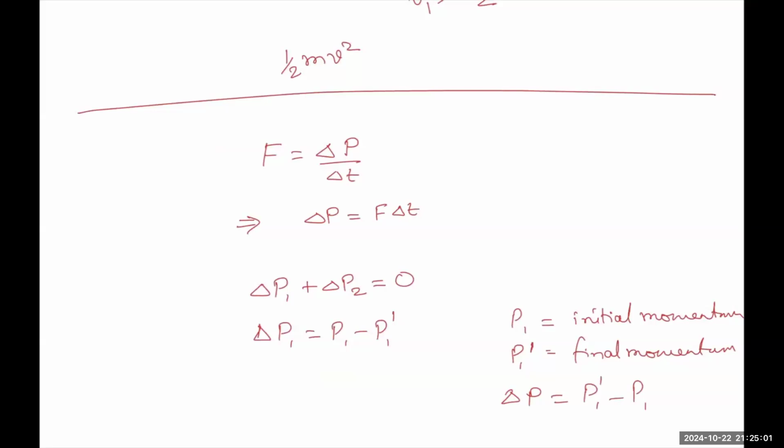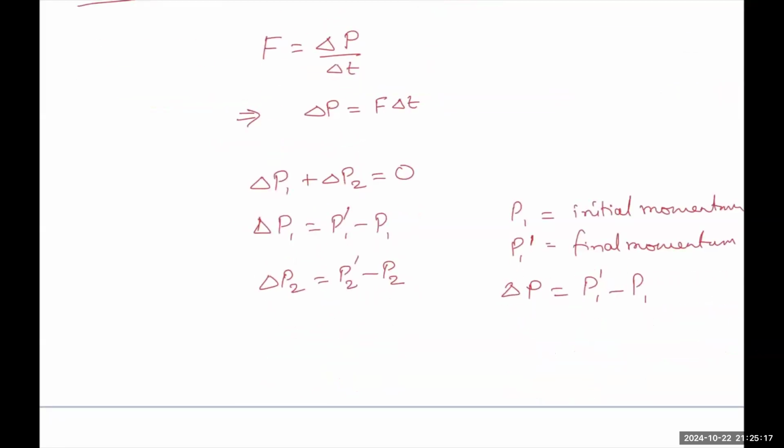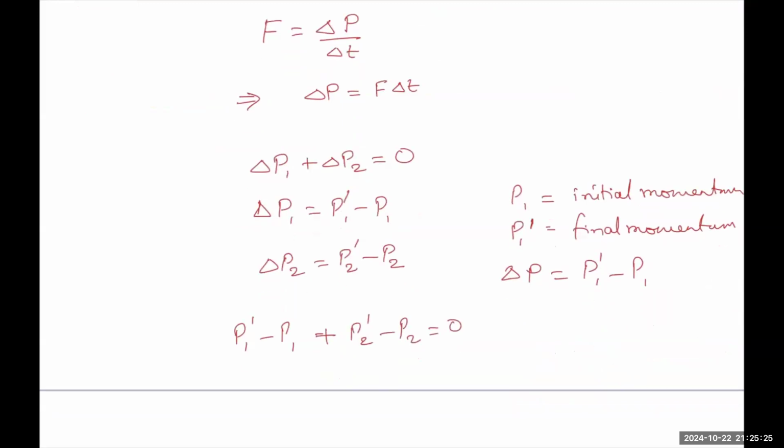I can write it this way, P1 prime minus P1. So similarly, delta P2 will be P2 prime minus P2. Okay. So now if I add this up, P1 prime minus P1 plus P2 prime minus P2 equals 0.